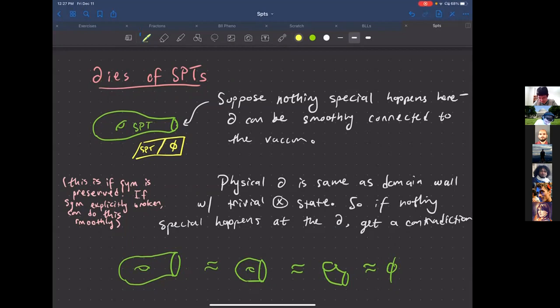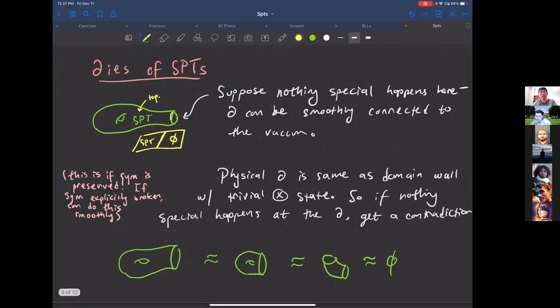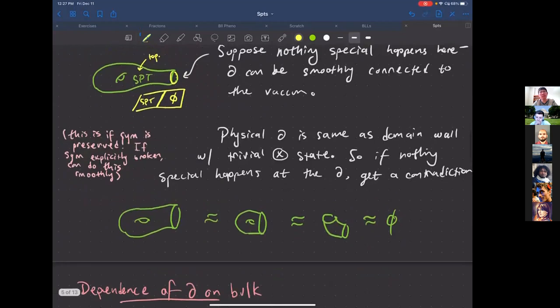Now, if this boundary can be made non-interesting, can also be gapped and with nothing special happening there, then because I told you that the response theory for this SPT has to be topologically invariant, namely it can't depend on local stuff, then if I could make this boundary trivial, the system can't care whether the boundary is here or here, right?